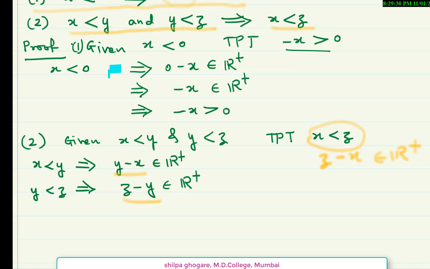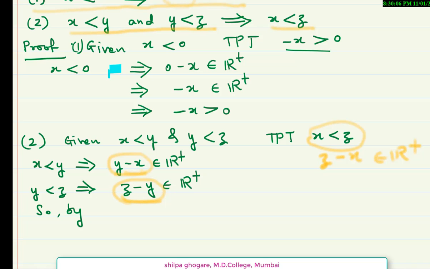Now look at these two statements. Can you get z minus x from these two? How? By adding them. If you add y minus x and z minus y, what you get is z minus x. Here y minus x belongs to R plus, and another real number belonging to R plus is z minus y. Adding them, I am going to use the closure of R plus.